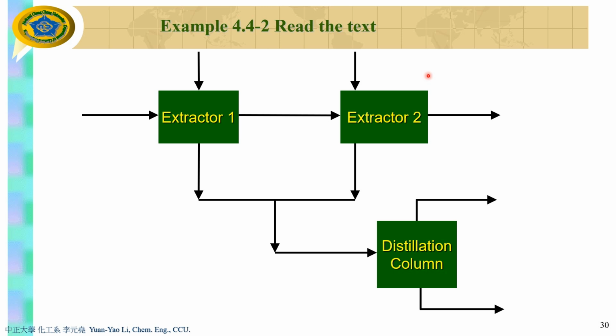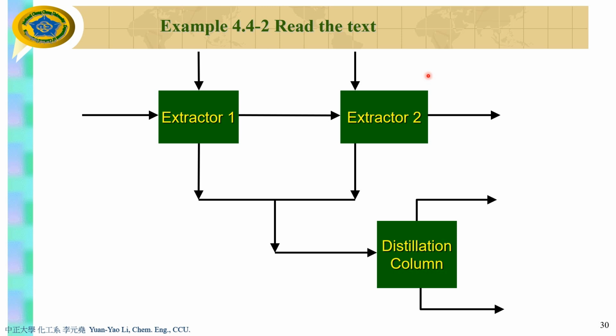Okay, the third paragraph. The raffinate passes to a second extraction stage where it is contacted with a second stream of pure MIBK, leading to the transfer of more acetone. The two phases are allowed to separate in a second settler, and the raffinate from this stage is sent to a waste treatment operation.